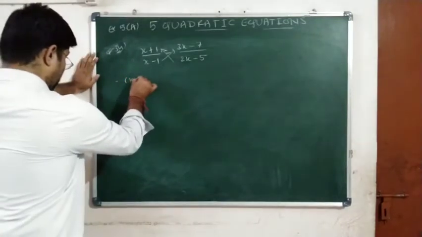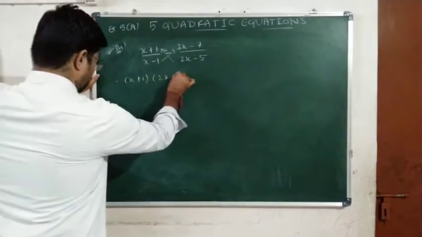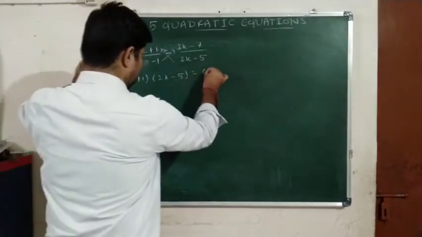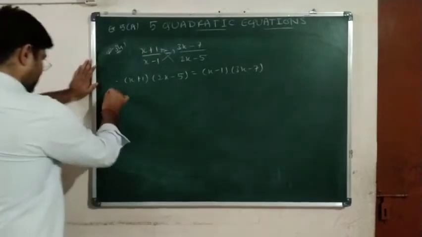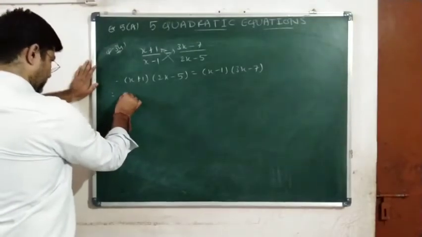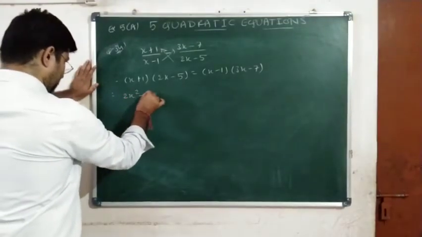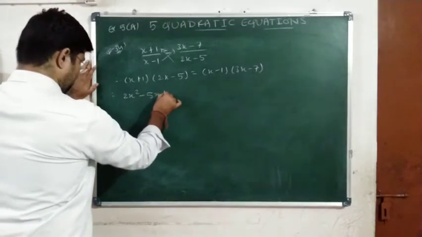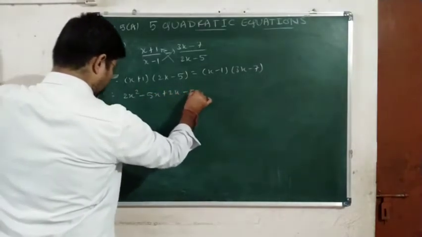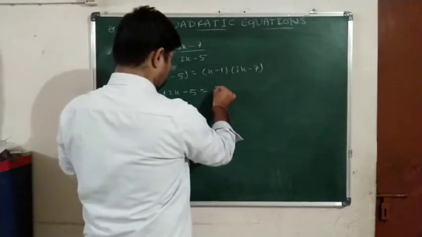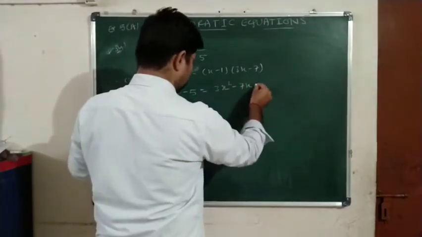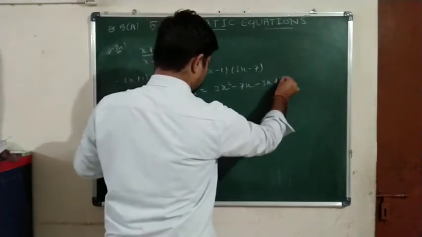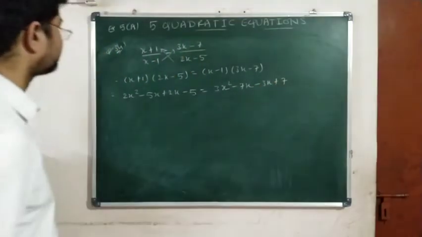So x plus 1 into 2x minus 5 is equal to x minus 1 into 3x minus 7. Therefore 2x square minus 5x plus 2x minus 5 is equal to 3x square minus 7x minus 3x plus 7.